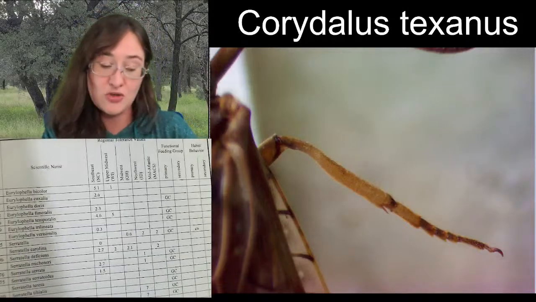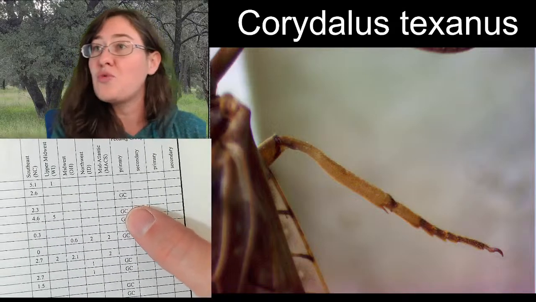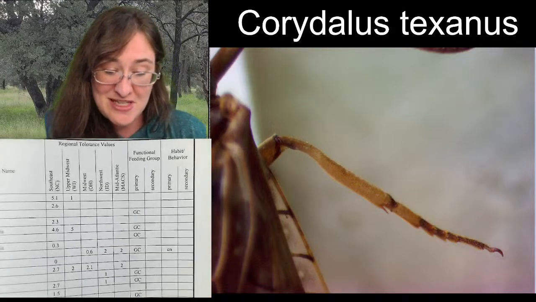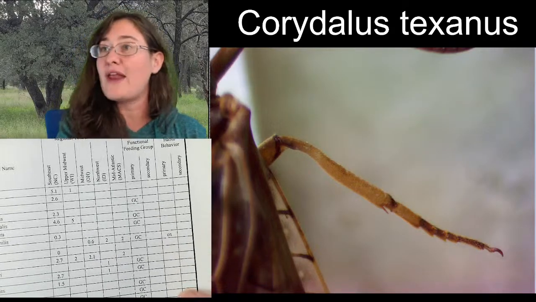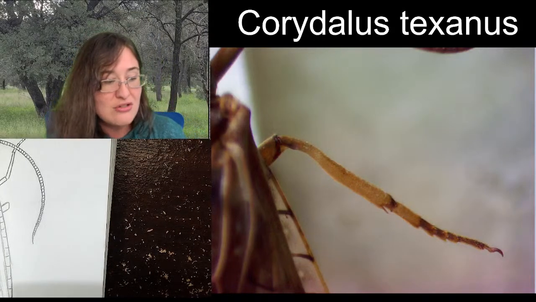It gives them actual numbered values. It also tells you what functional feeding group that specific species is in, and what habitat, or if they have any special types of behaviors that they use.